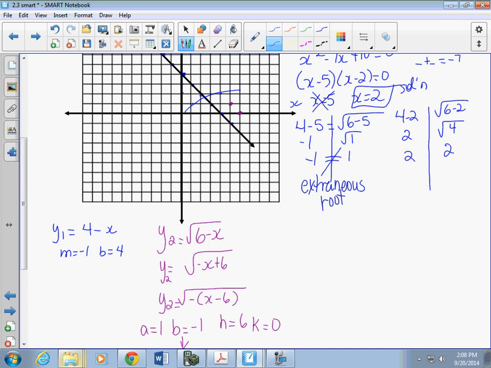So my 1, 1, and then 1, 2, 3, 4, 1, 2. The point where my two graphs cross is a solution. So if I take a look here, my graph crosses there. That point is at 2, 2.